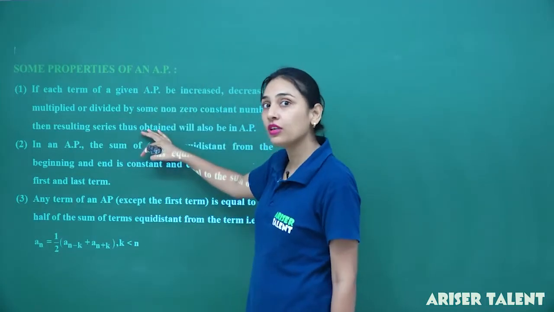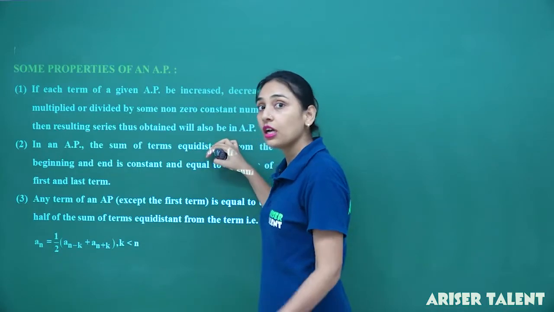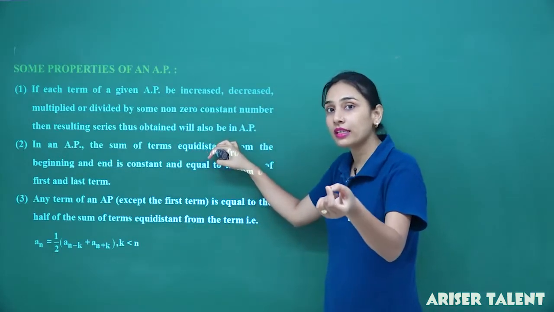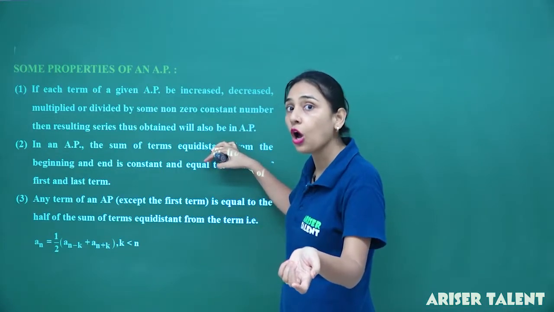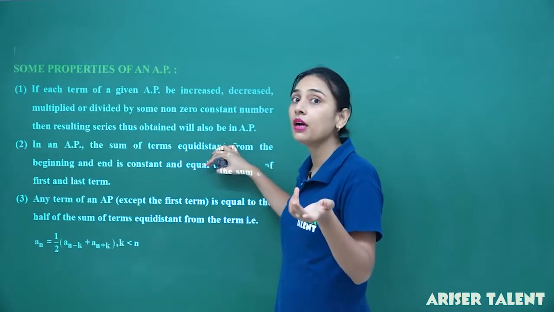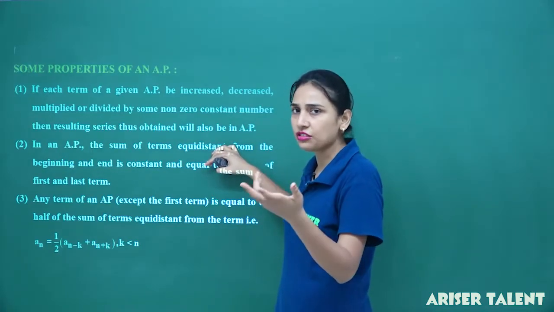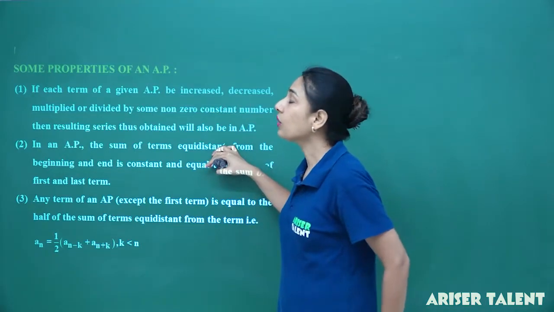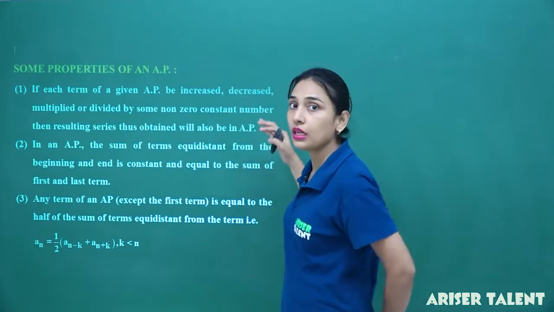What we first discussed is that if you increase an AP by some number or decrease an AP by some number, or you multiply it or divide it by some natural number, which is not equal to 0, obviously natural numbers 1, 2, 3, 4, 5, 6, 7, then you will have a resulting AP.